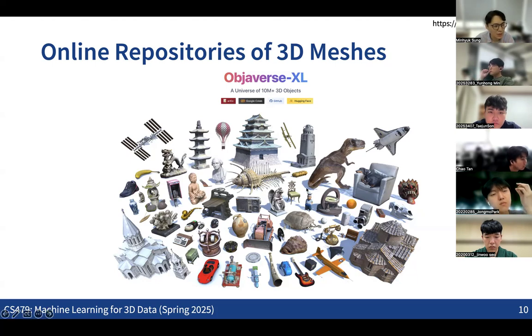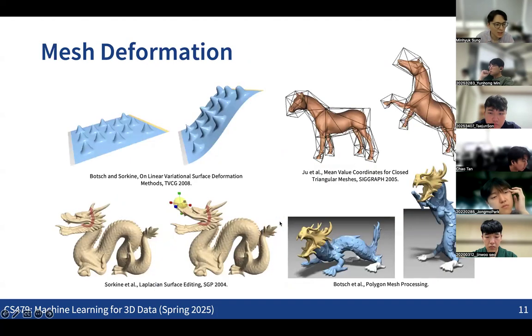Given these advantages of the mesh representation, what we are going to discuss today very specifically is how we can utilize this representation for manipulation, in terms of deforming the shape.